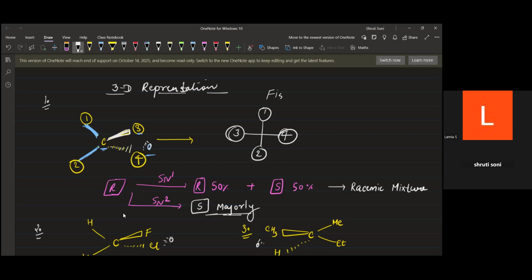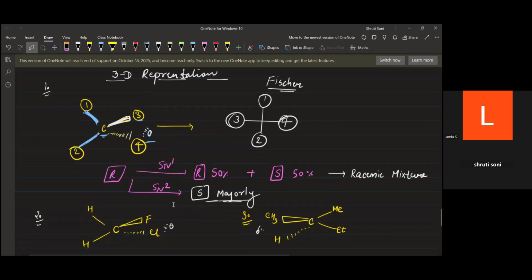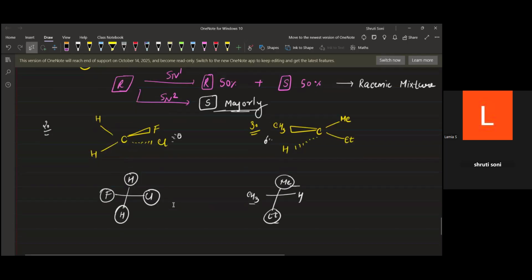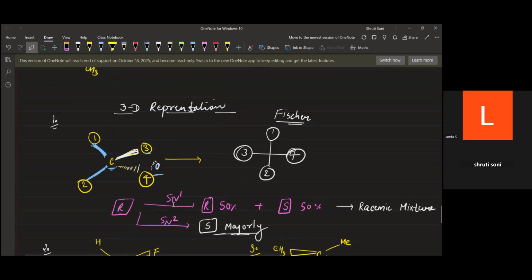Okay. If you proceed and try some examples, maybe that will help. Yeah, maybe you can give me some homework or something. Okay, practice. I'll give you some homework. Because Fischer is easier. I think Newman was a little bit more complicated, from what I remember.